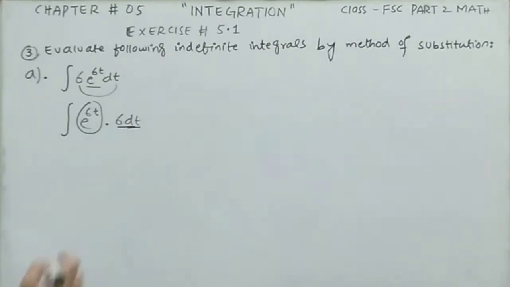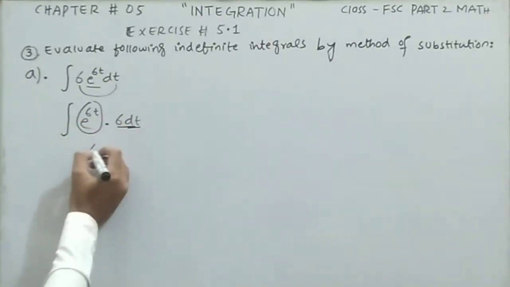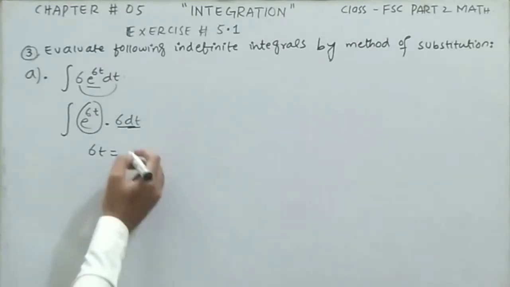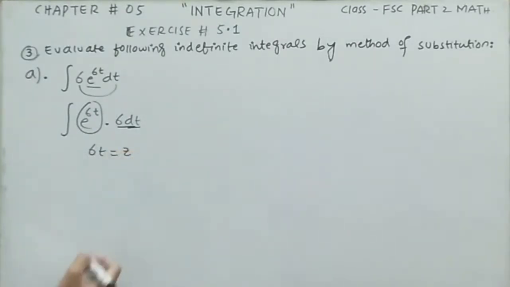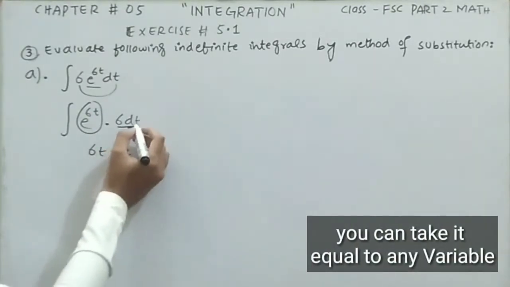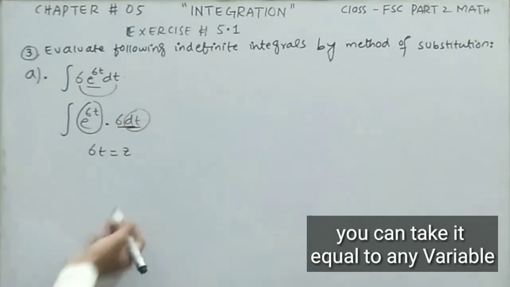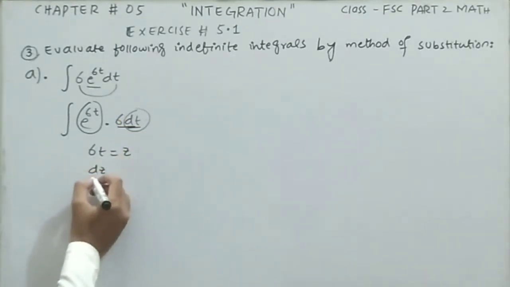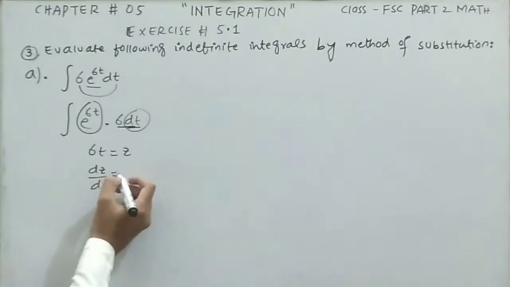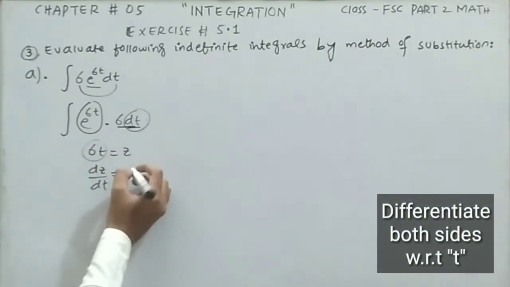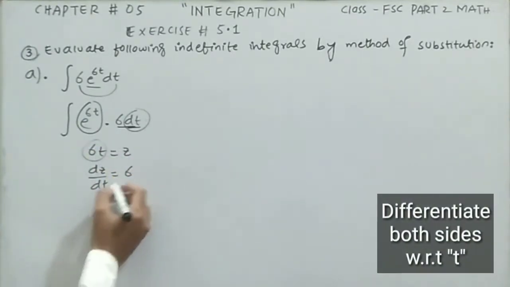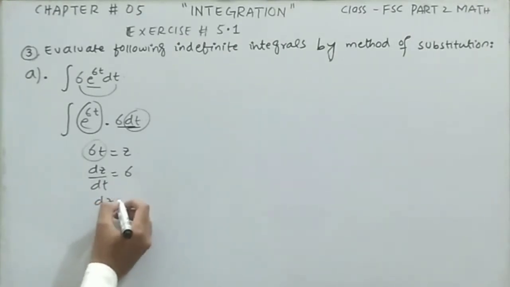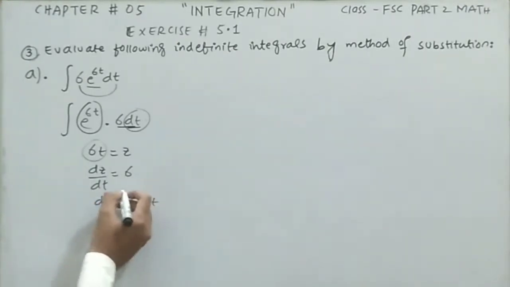It means that over here we will substitute 6t equal to, let's suppose I take a variable z. So over here we have the differential operator dt, so it means that we will differentiate both sides with respect to t. So dz by dt will be the derivative of 6t with respect to t, which is 6. So now shift dt to the right hand side, it becomes dz equal to 6 dt.